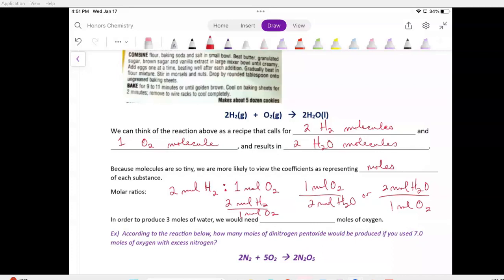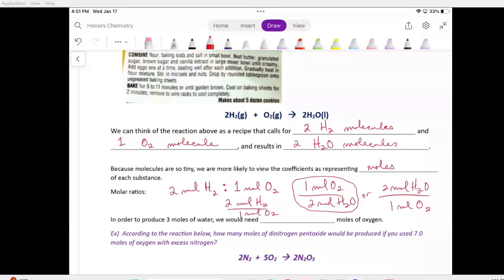So a very simple stoichiometry problem we could do. It says in order to produce 3 moles of water, how many moles of oxygen would we need? Well, we already have this ratio, right? This ratio tells us that we only need 1 mole of oxygen to produce 2 moles of water. Of course, along with 2 moles of hydrogen as well. But this is just asking us how many moles of oxygen would we need, right?